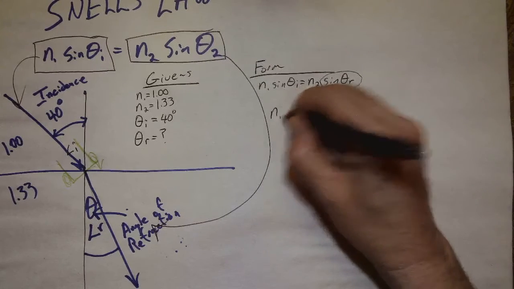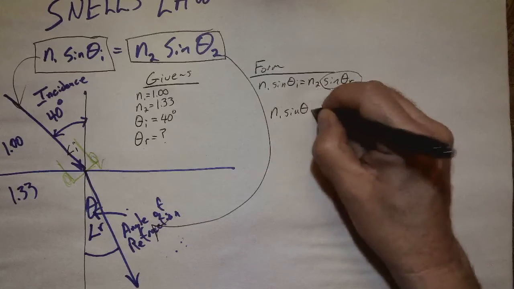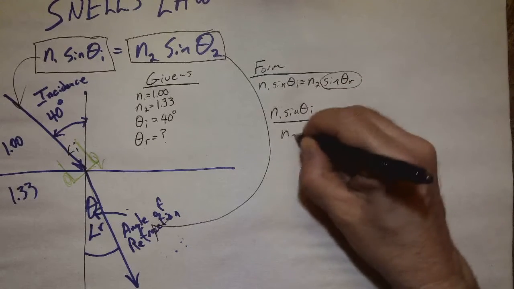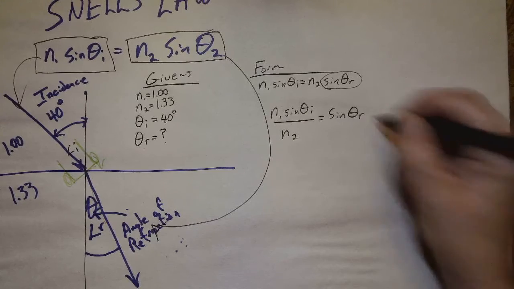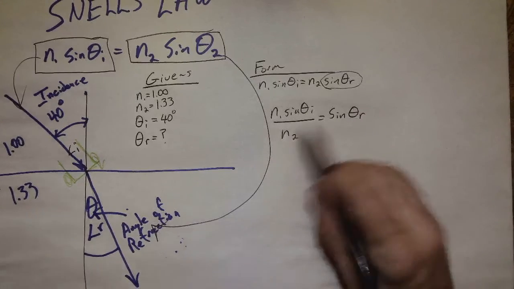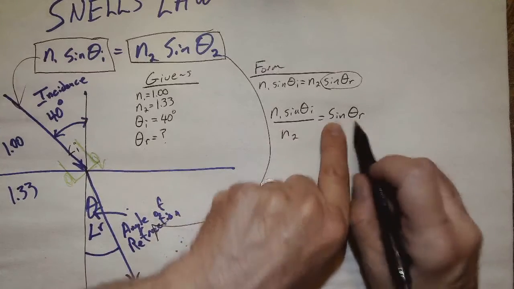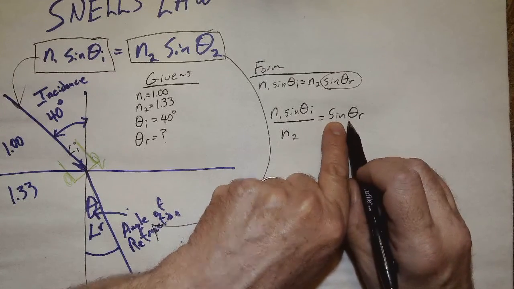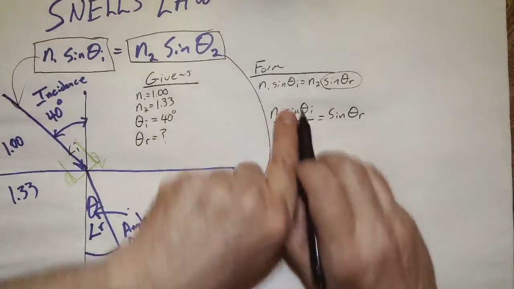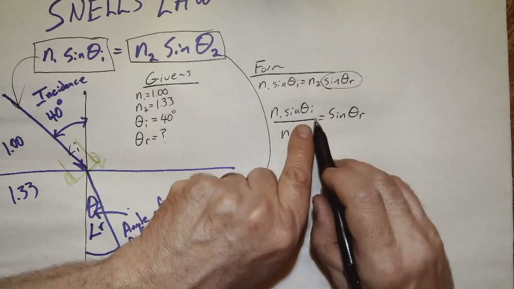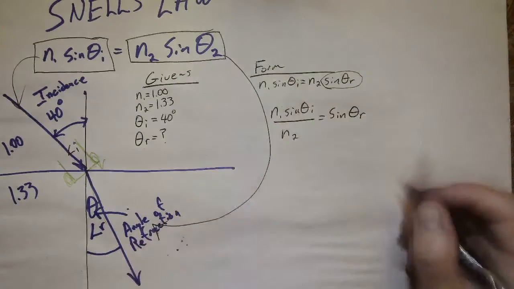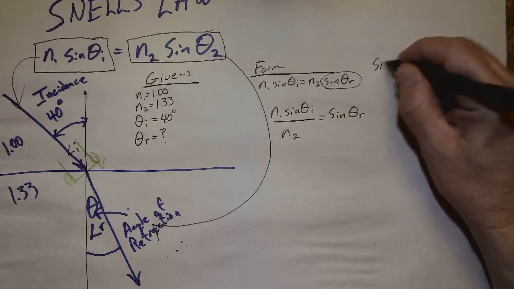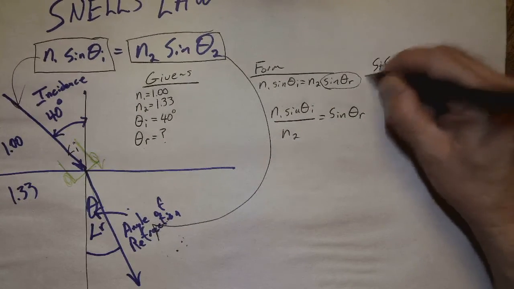That would be n1 sine theta I over n2 equals the sine of theta r. What's the trick here? Remember, this doesn't equal theta r, it equals the sine of theta r. So when you get all this done, what you have is the sine of theta r, and you have to take the inverse sine. I'll show you how to hit that on the calculator, but that is all you have to do with it.